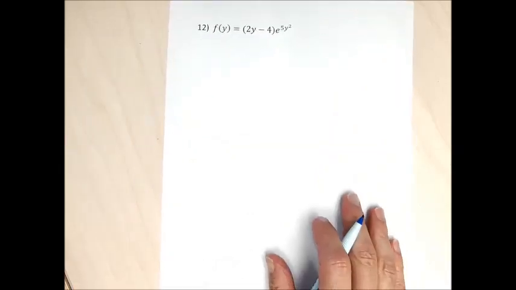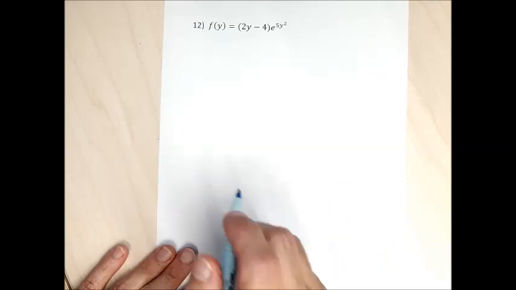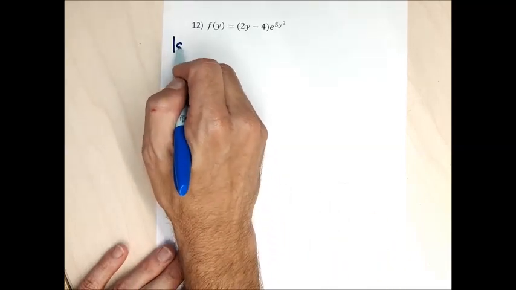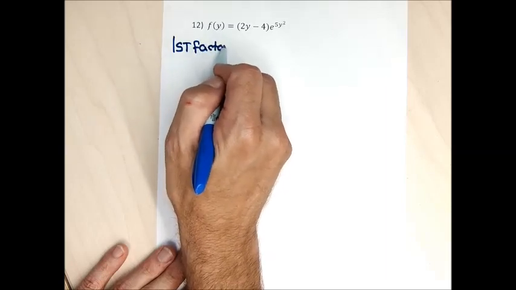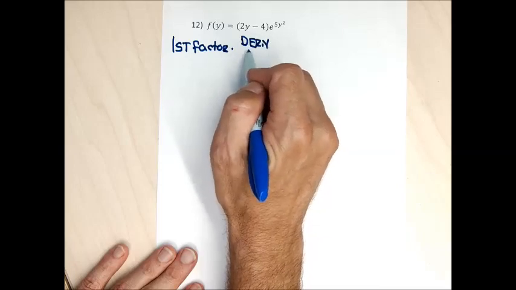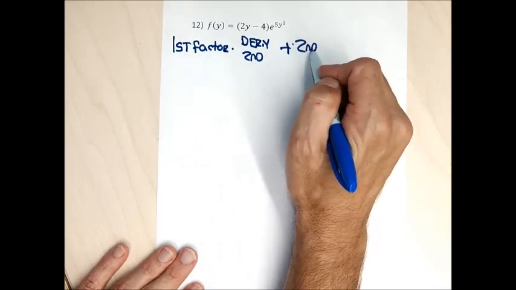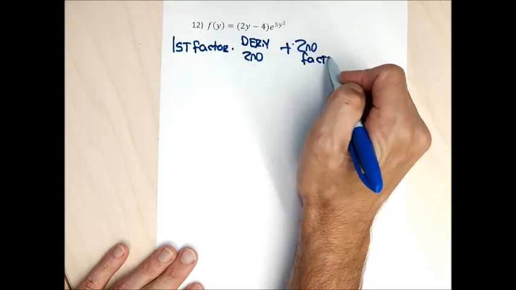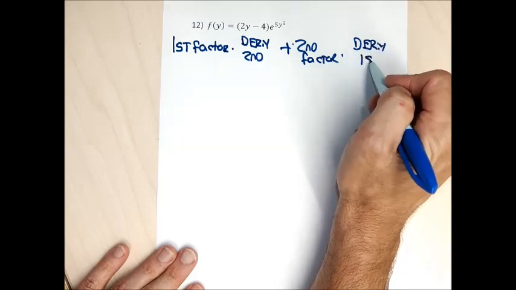In problem 12, there's multiplication and both factors have a letter or variable, so I need to use the product rule. And remember, the product rule is first factor times the derivative of the second factor plus the second factor times the derivative of the first factor.